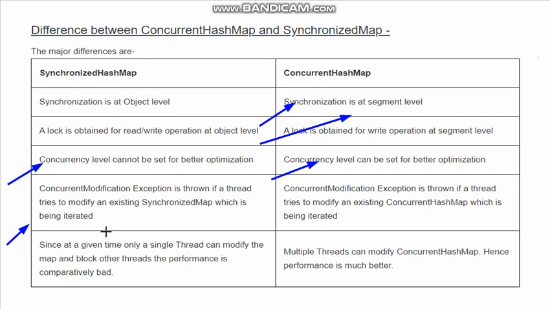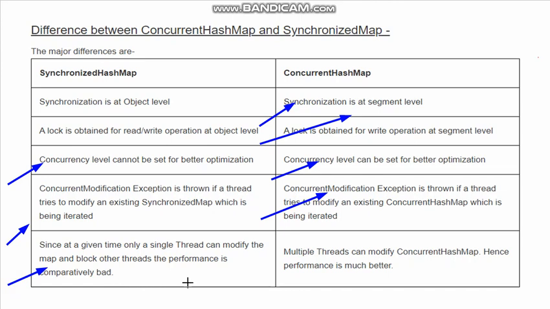ConcurrentModificationException is thrown if a thread tries to modify an existing synchronized map which is being iterated. ConcurrentModificationException is also thrown if a thread tries to modify an existing ConcurrentHashMap which is being iterated. But in ConcurrentHashMap, there is very little chance of ConcurrentModificationException as compared to synchronized map.